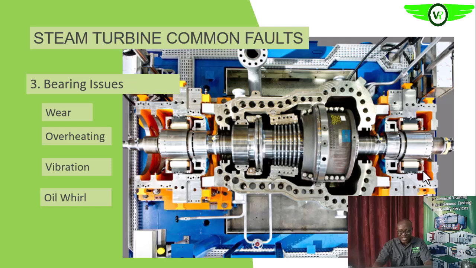So oil whirl is another issue with the operations of the bearing. Remember that on each journal between the bearing and the rotor, it's expected that some level of lubricant oil will be separating the shaft of the rotor from the bearing, to ease that rotational movement without wearing.